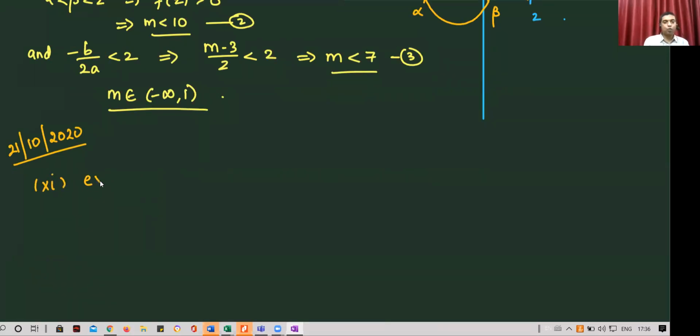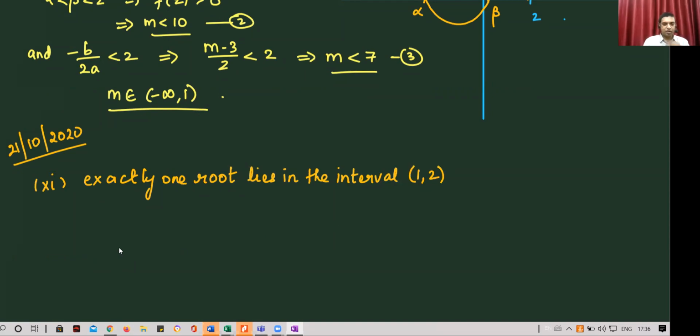Now, next is exactly one root lies in the interval 1, 2.